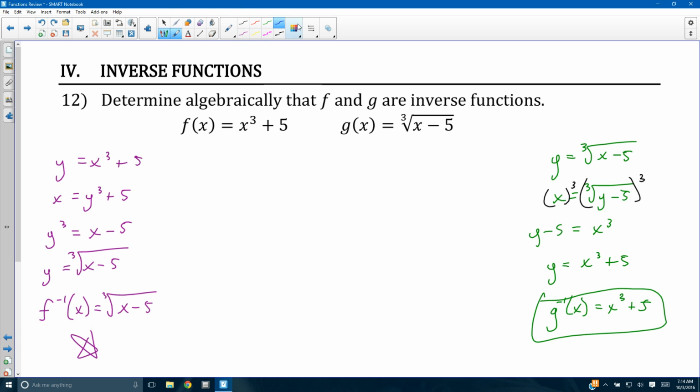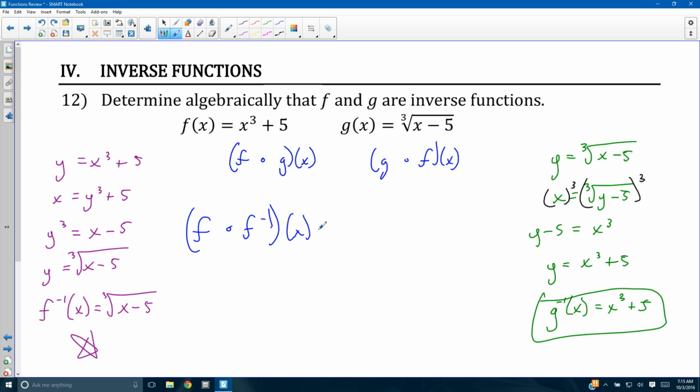The last two ways I was talking about are the same idea, but taking f of g of x and g of f of x. The reason I'm saying this is because if you take f of the inverse function of x, I should be getting x, and same with g.